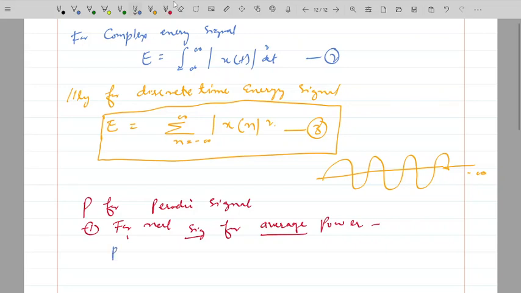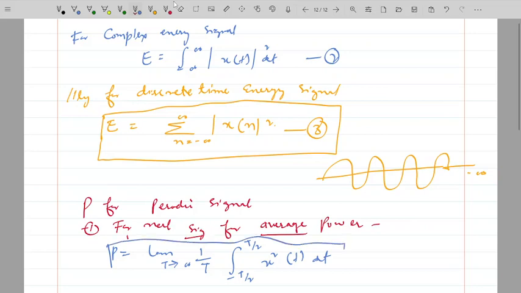So power will be 1 upon T, limit T approaches infinity, 1 by T, total number of the T, integral from minus T by 2 to T by 2 of x square of t dt. This is the power signal for real signal. We will consider it as equation 4th.